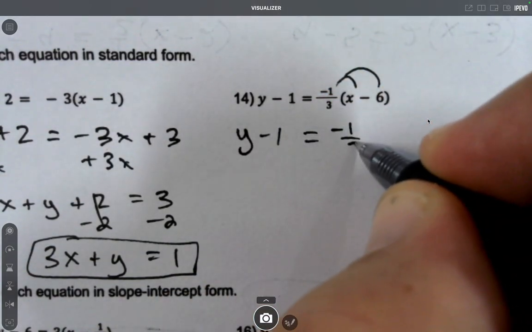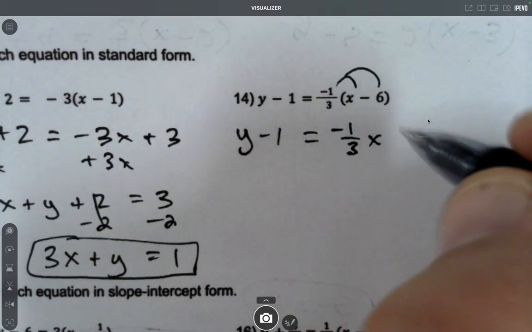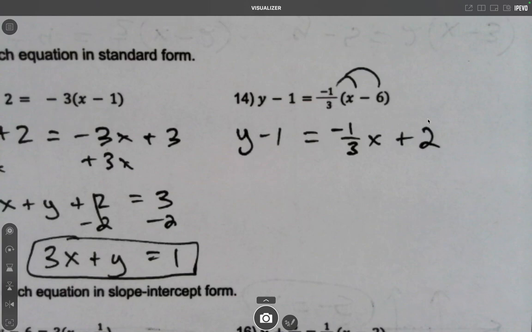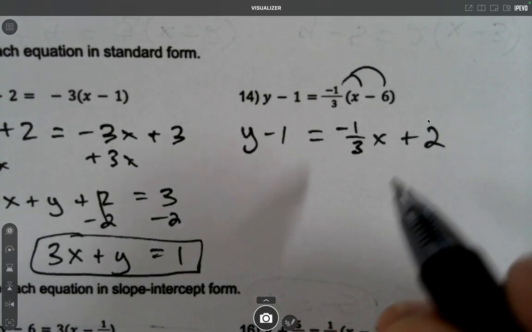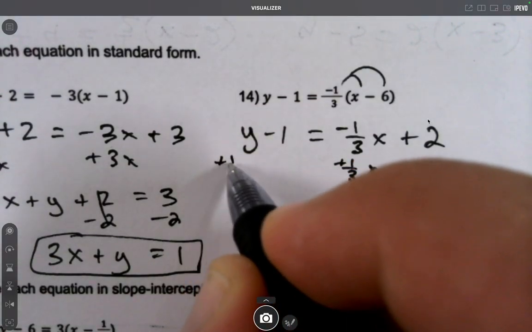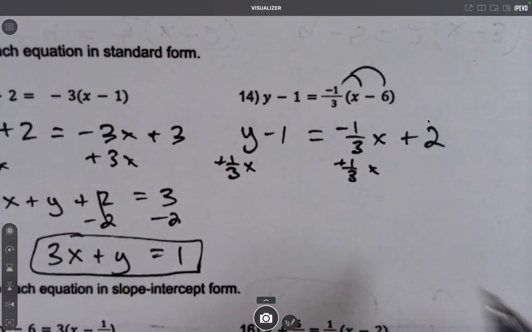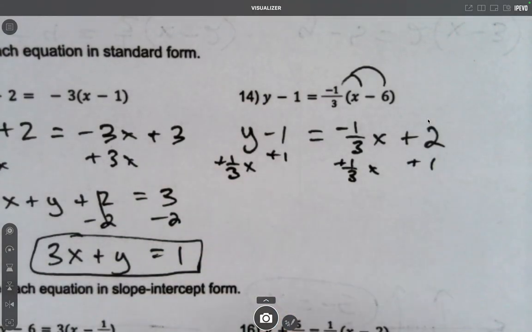Negative 1/3 times negative 6 is positive 2. Okay, now I want to add the 1/3 x over the left side because that's where it belongs. Also, in the same step, I'm going to go ahead and add 1 to both sides so I can get that out of the way.